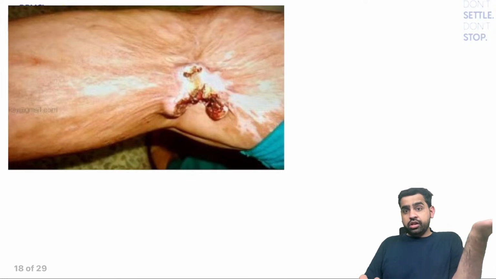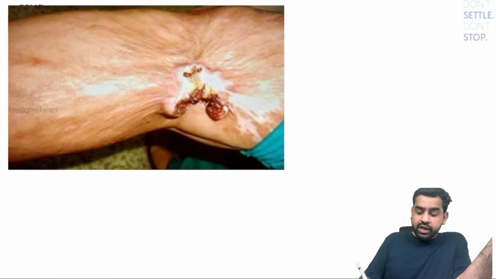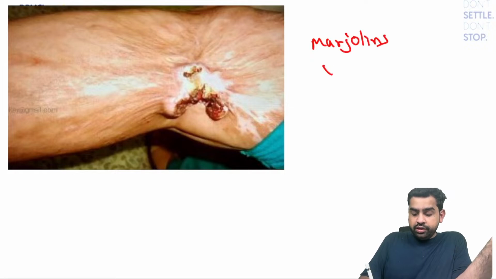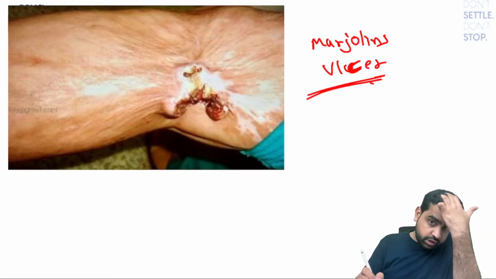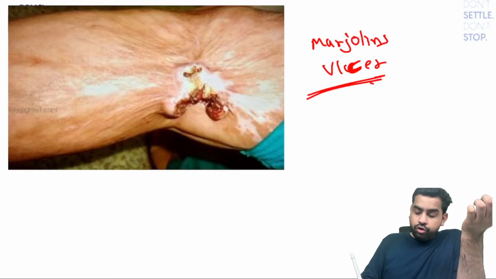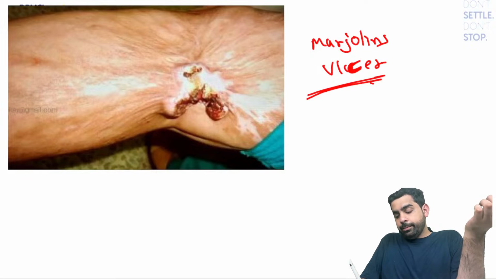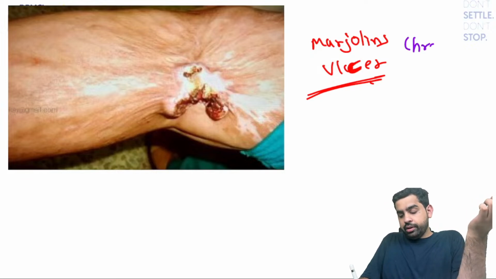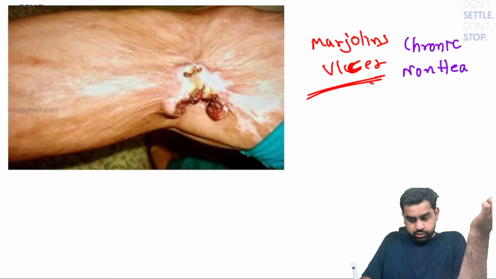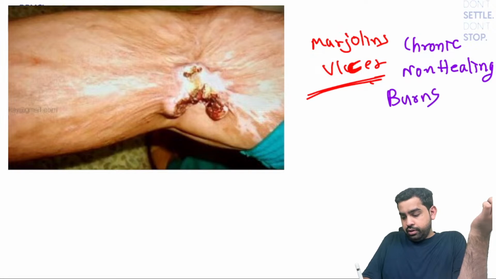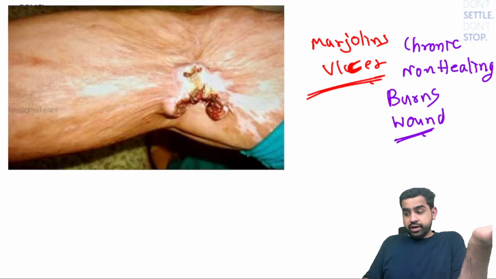Okay, what is this? Can anybody name this for me? This is a Marjolin's ulcer. The characteristic thing about Marjolin's ulcer is that it happens in a chronic non-healing burn wound.